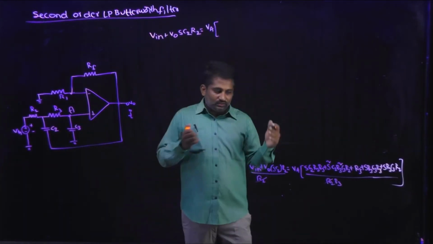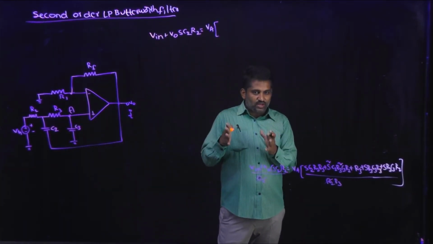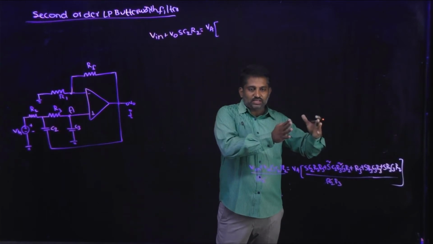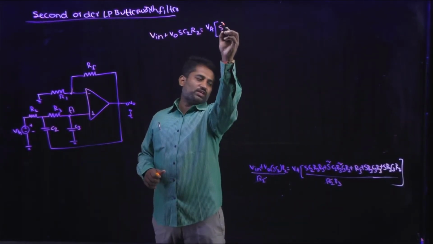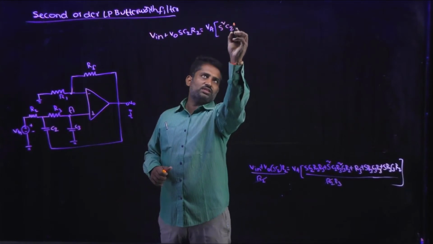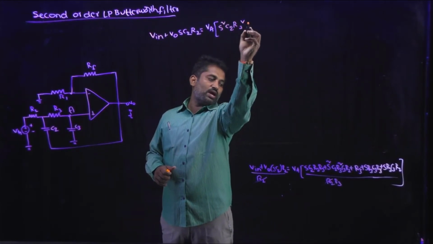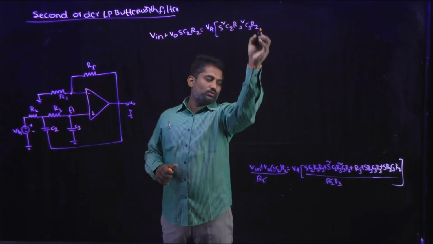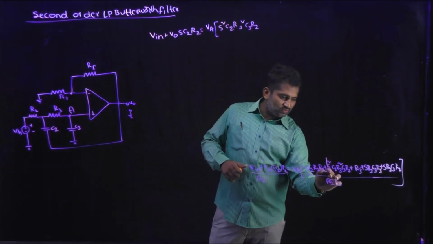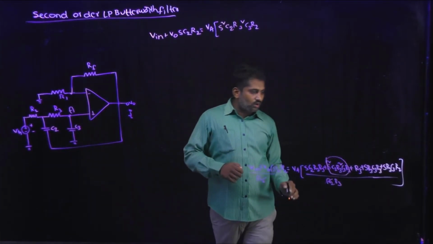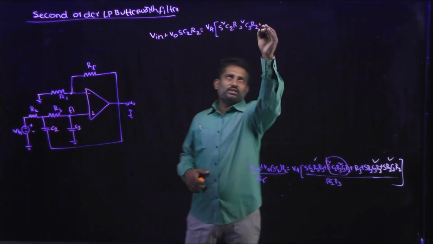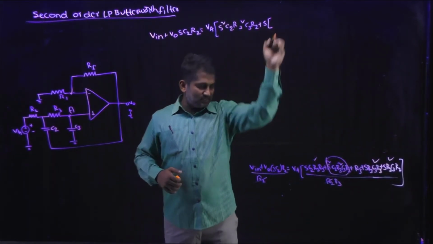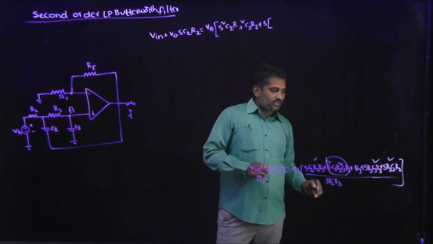Now take S square terms as one group, S terms as one group, and constant terms as one group. From this expression, S square C2 R3 square C3 R2, so this S square term is over. Now in these three terms we have S, so take S common.